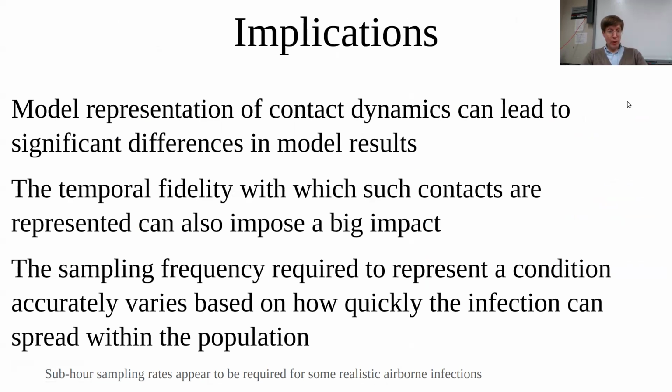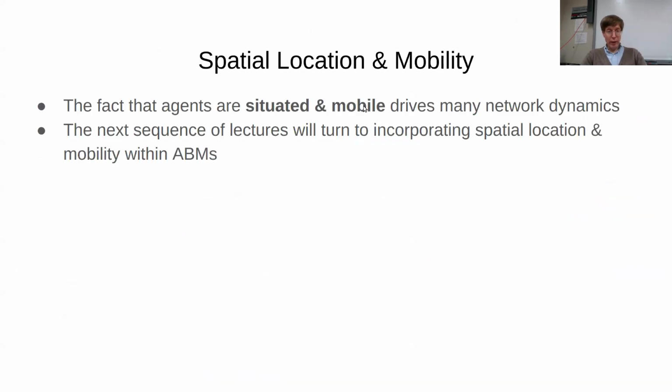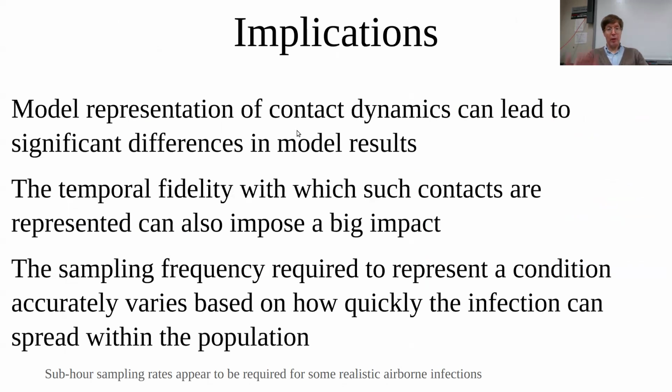So, a take home from this is that model representation of contact dynamics can lead to really significant differences in model results. And that's more true for some infections than others.